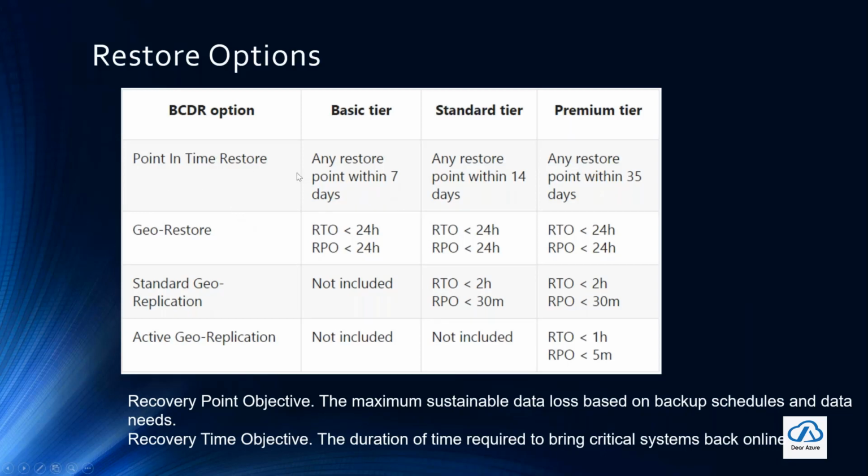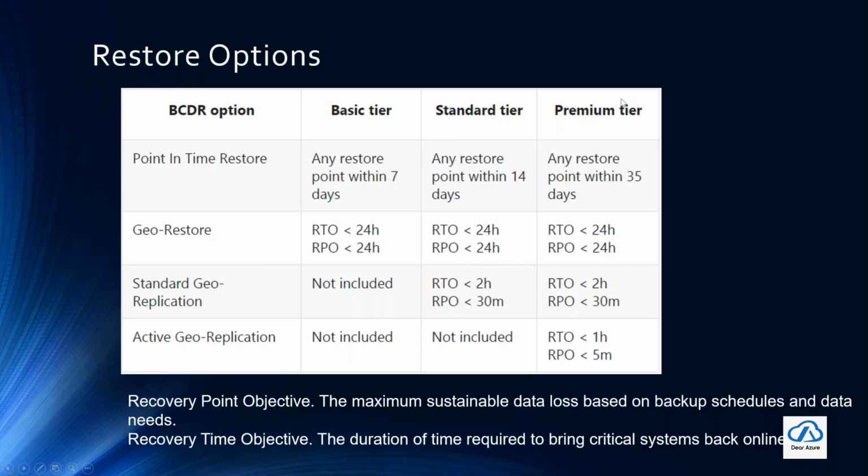One is point in time restore, where we normally take backups of your databases, and you can restore anytime depending on the tier you are on. These are the service level tiers available: when you deploy a database, you can deploy it in basic, standard, or premium tier. The difference is the size and the performance you get.